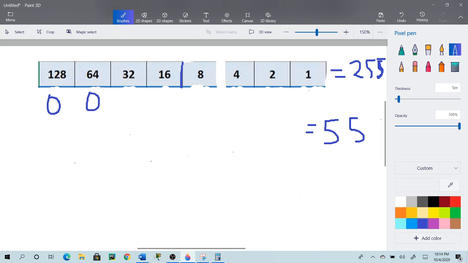Are we going to consider 32? Yes, 32 is less than 55. So this is where you get your first bit on. So we write 1.